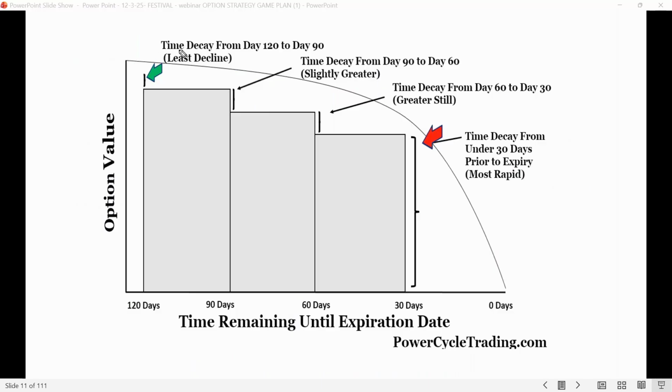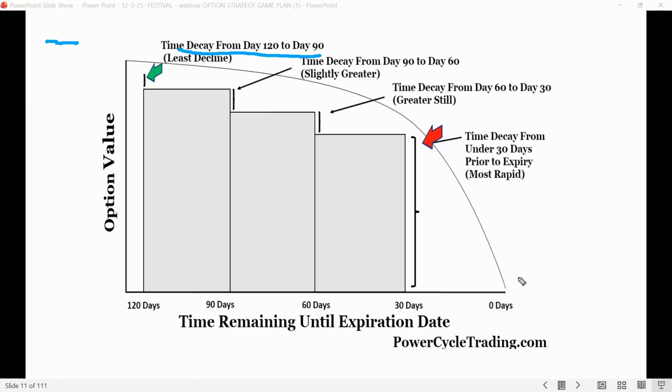So that's very important. Here's a time graph to illustrate that. In this example, let's say we go out 120 days, or even 90 to 120. When we go way out in time, the time decay is very, very small, barely noticed at all. Sometimes you may hear the gift of time is for the buyer of the option.